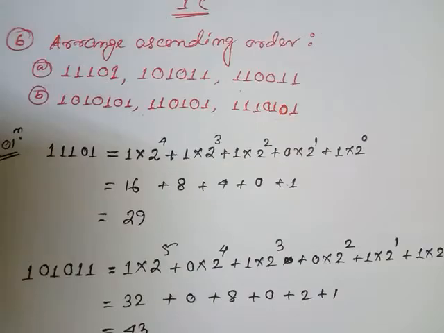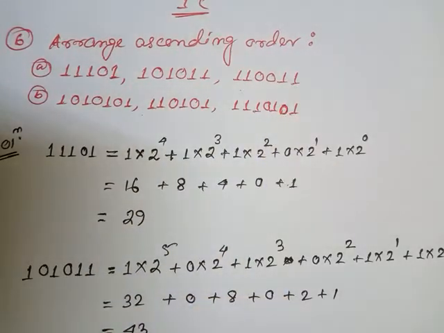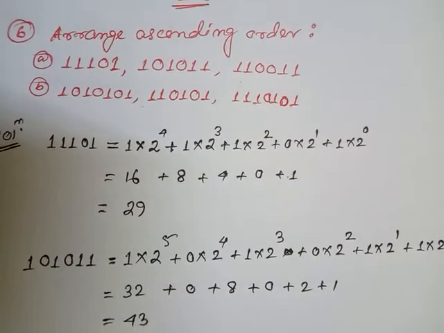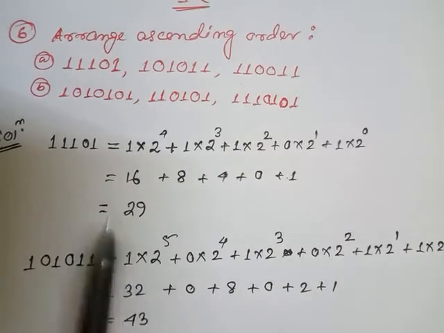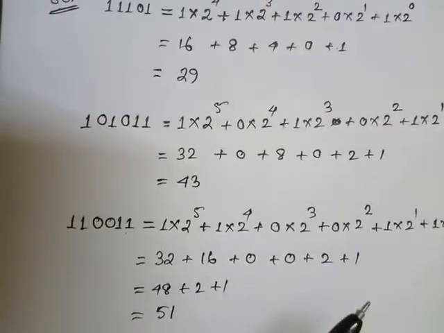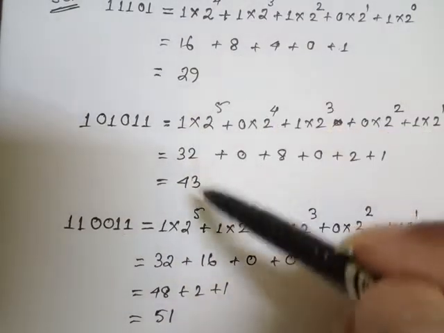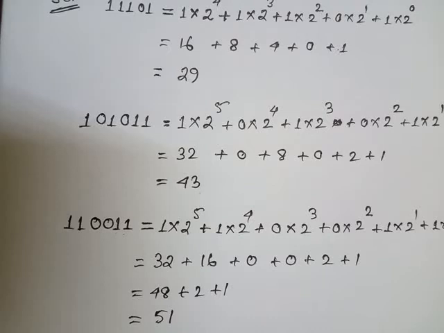Now look, we have to arrange these binary numbers in ascending order. That's why we have converted binary to decimal first. Here also the same, binary to decimal, and here also the same.